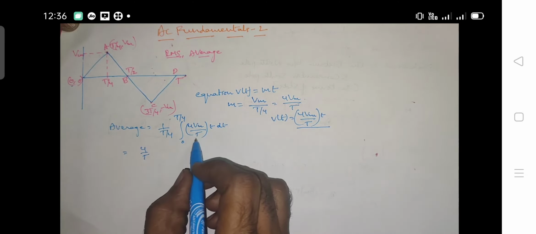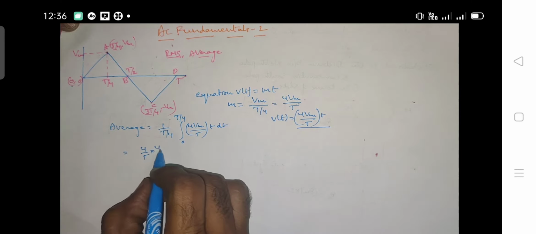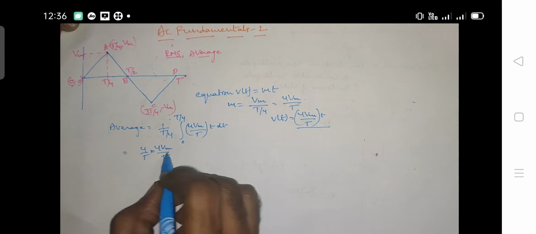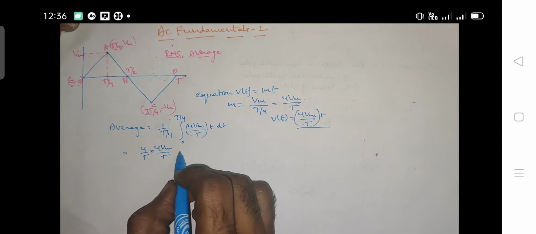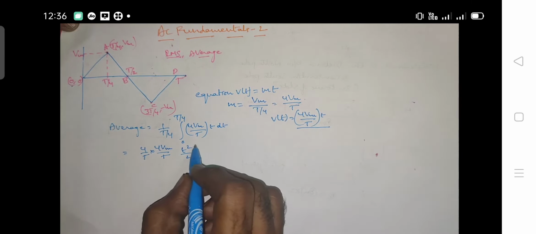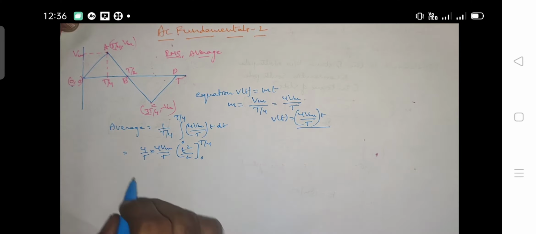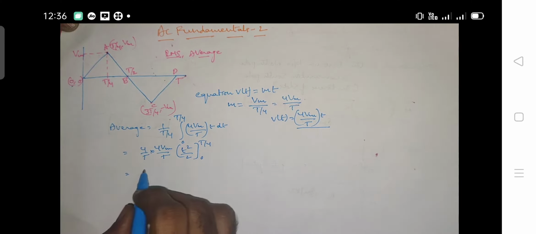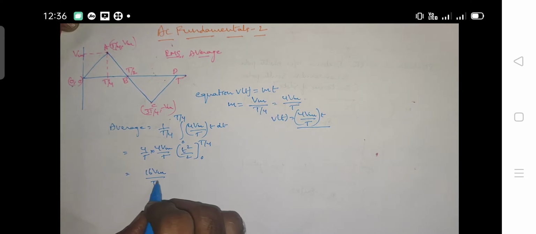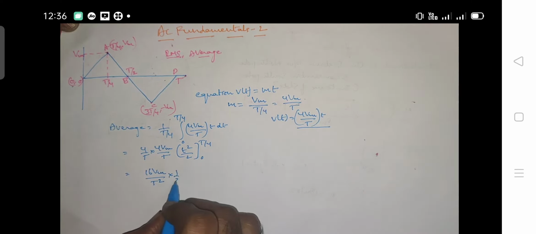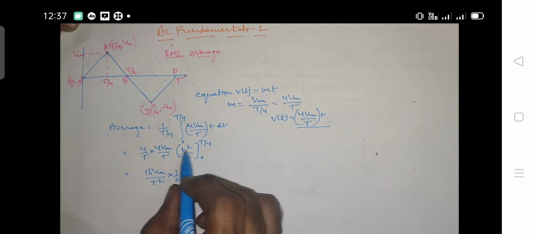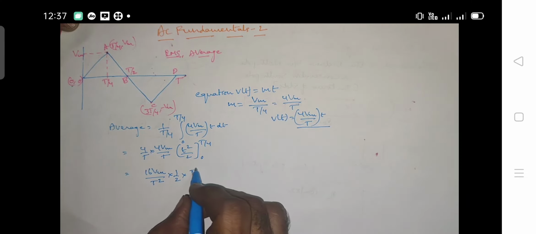We can take this 4 Vm by T outside, and integral of t will be equal to t square by 2 over 0 to T by 4, and this is equal to 16 Vm by T square into 1 by 2 into, so T square over 0 to T by 4 becomes equal to capital T square by 16.